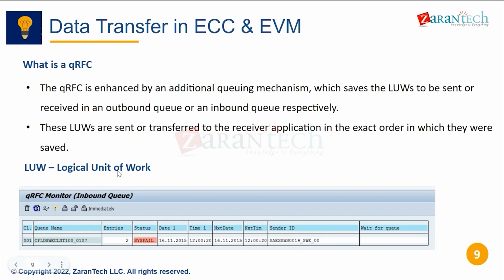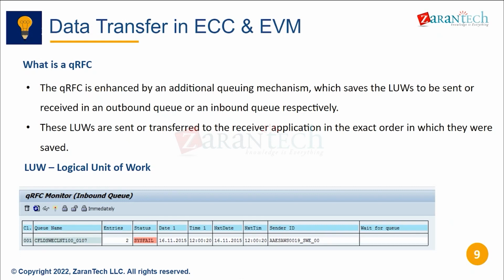We will not do it, but in case you see there are no updates happening in the inbound delivery, suppose an inbound delivery is sent from the ECC system to the EWM system, but when you check in the EWM system, no inbound delivery is getting created or you cannot see it.